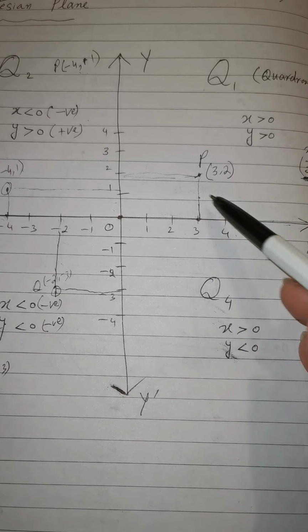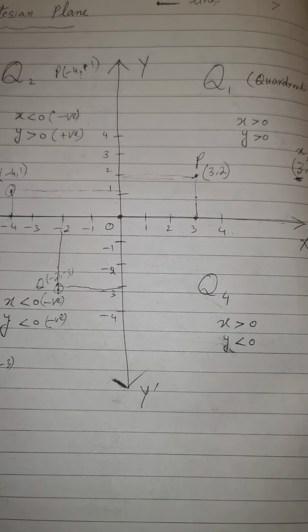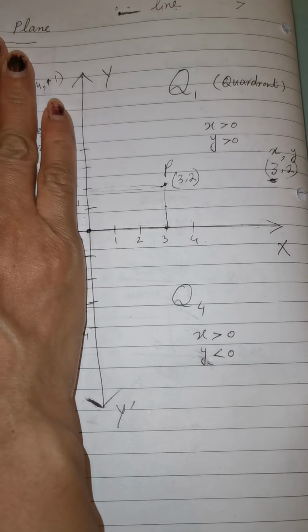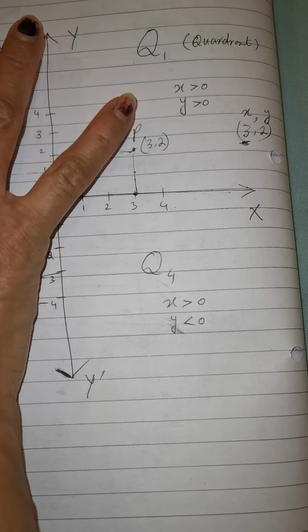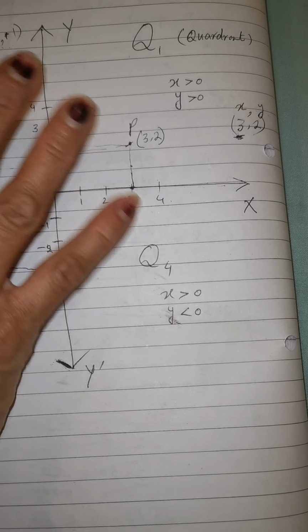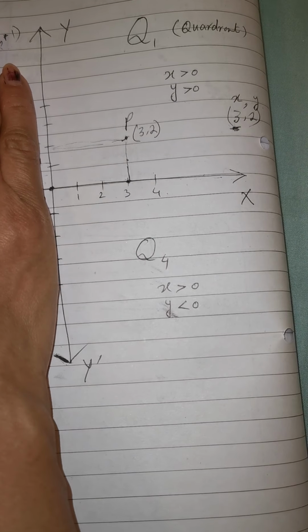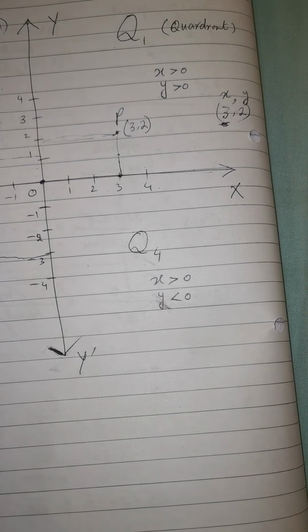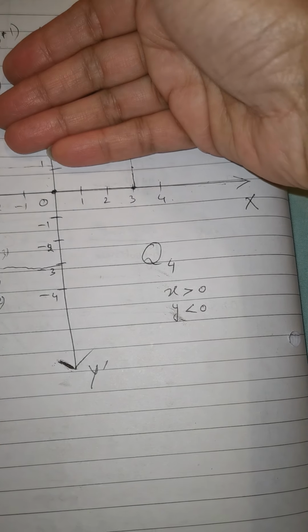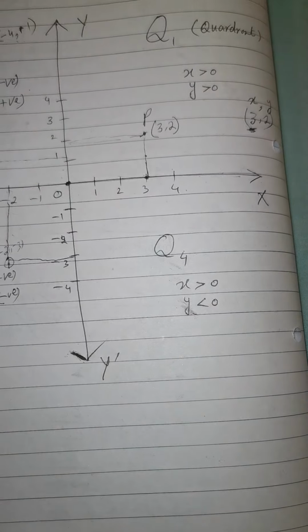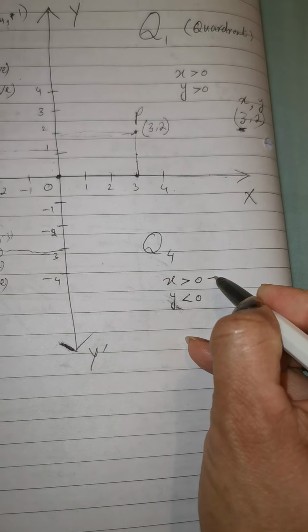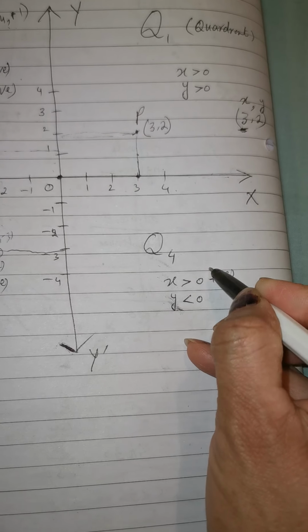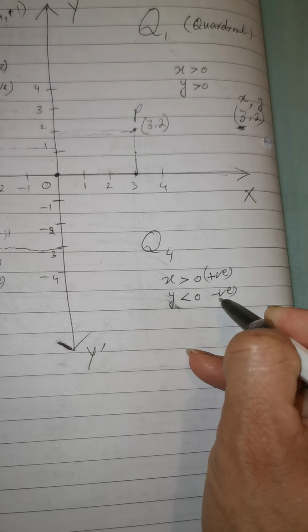This is the whole part where x is above and below the line. x will be positive here, right? But in this quadrant it goes down, so the y value will be negative here. x will be positive here and y will be negative here.